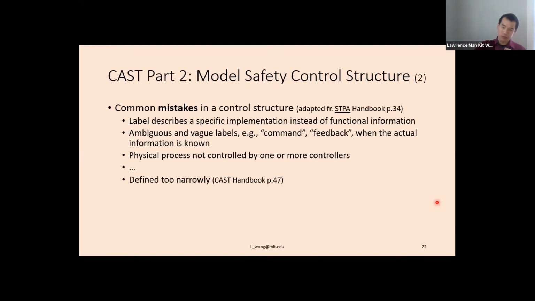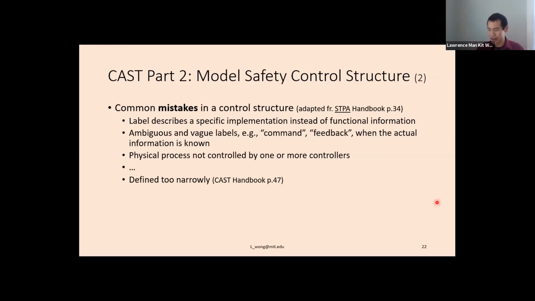In the downward arrow of control action, instead of listing pressurize as the control action, I list the make and model of a particular pump. That is how the control action is implemented, rather than the control I want to enforce, which is to pressurize. That is one common mistake.